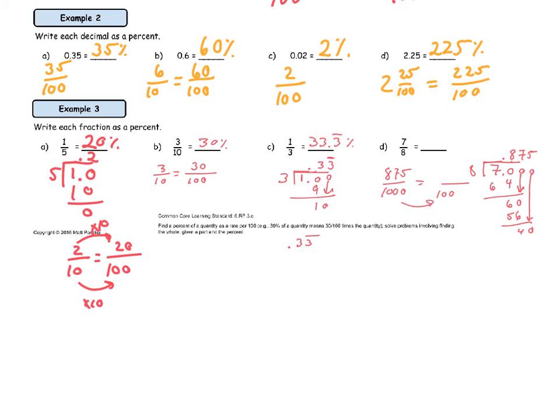In order to do that, I need to divide by 10. 875 divided by 10 is 87.5. And there it is, the last one, 87.5%. So that's how we're going to write it.